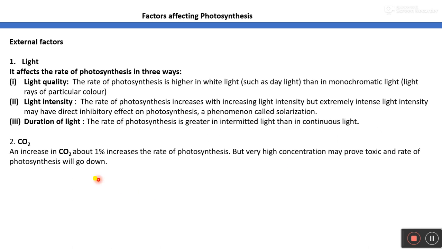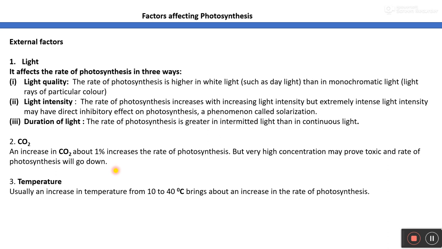Another external factor is the concentration of CO2 in the atmosphere. An increase in concentration up to about 1% increases the rate of photosynthesis, but a very high concentration may prove toxic, and the rate of photosynthesis will go down. Another external factor is temperature.